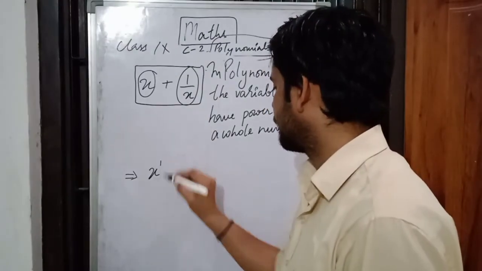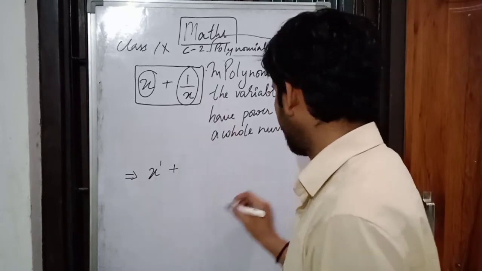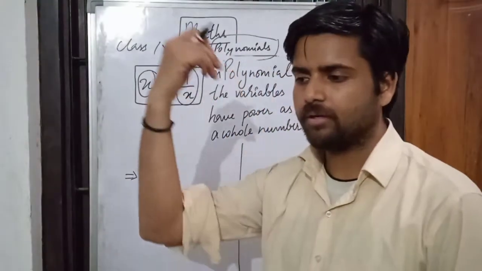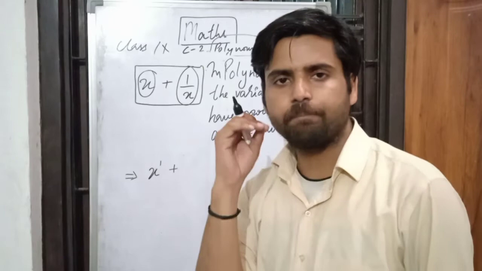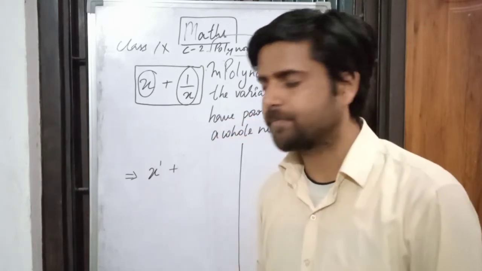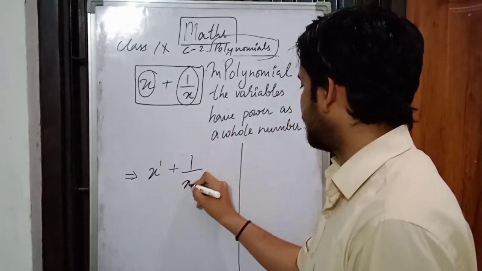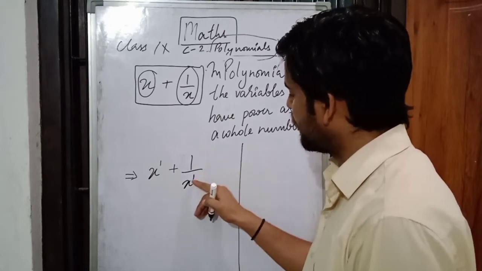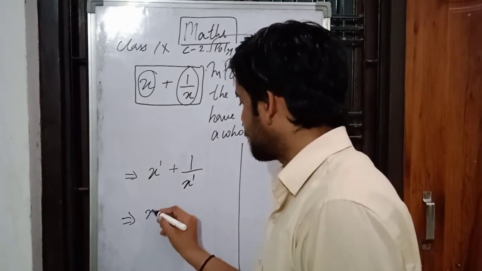Plus, now I have told you that if you have to bring some variable to the numerator or the denominator, then the sign of the power of that variable will change. So here, 1 upon x. Now if I have to bring it to the numerator, this 1 will become minus 1. So the power will become minus 1.